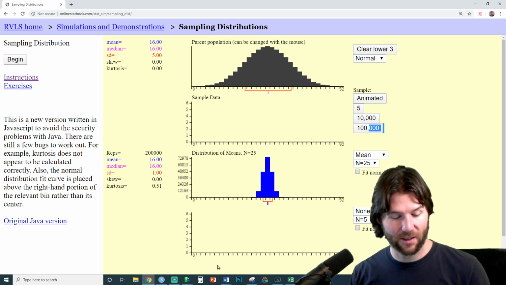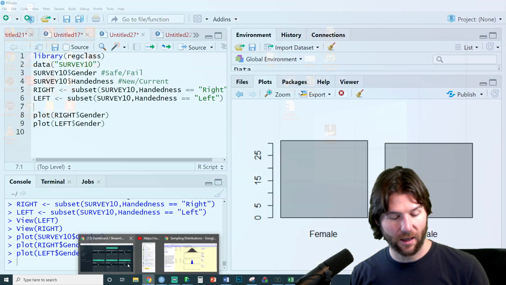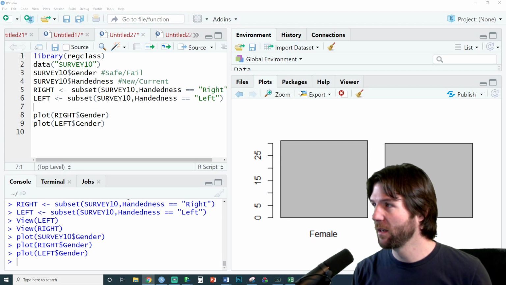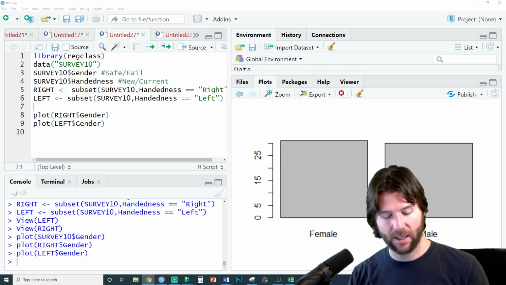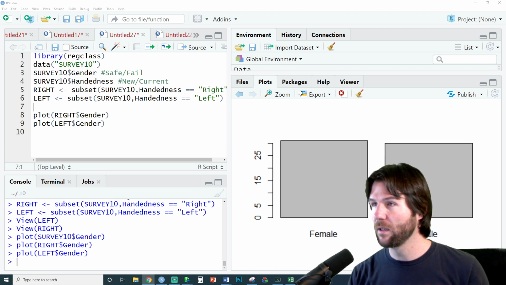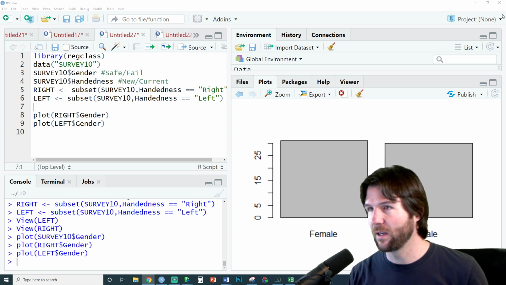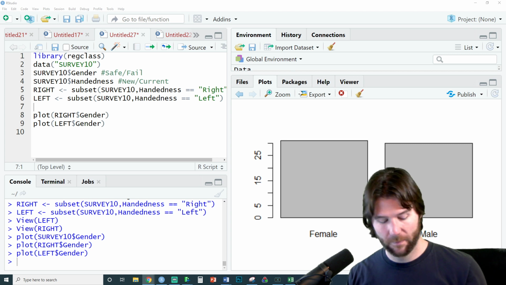It's like options param flow or something. Side by side graphics in RStudio. Oh, I just saw it. I shouldn't have gone away from that. No, that's not it. It's param flow. It's something like that. I know it when I see it. Oh, there it is. Par. There it is. I got it now. Okay.